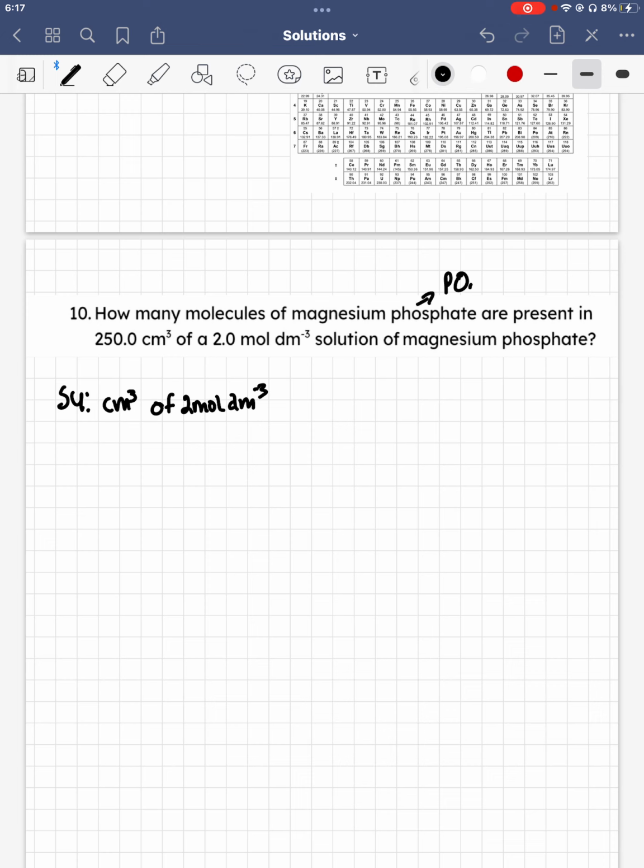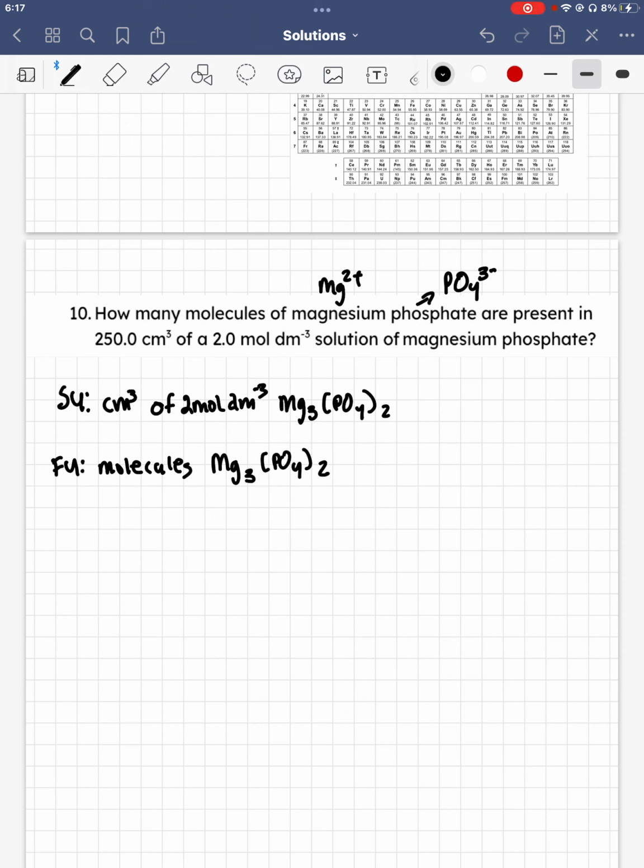Hopefully we remember phosphate, PO4 3 minus. Magnesium, Mg2 plus, so Mg3(PO4)2. Final unit is going to be molecules, or really compounds, because this is an ionic compound, but compounds of Mg3(PO4)2.